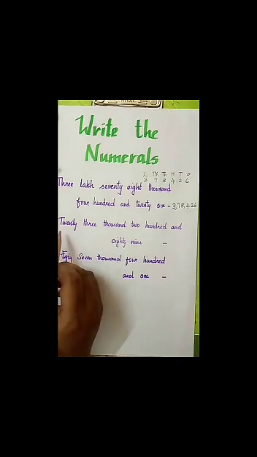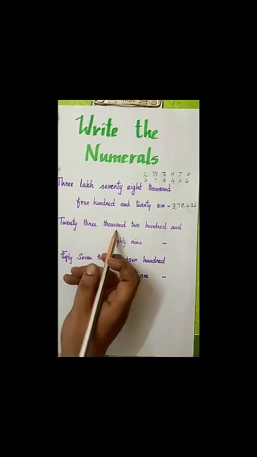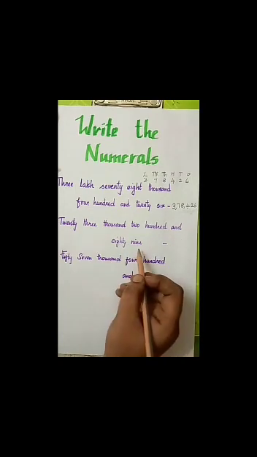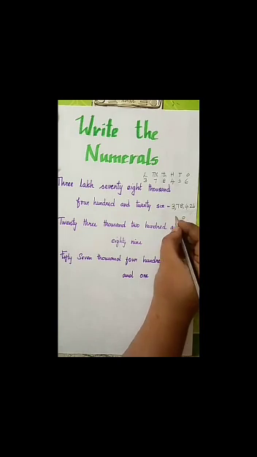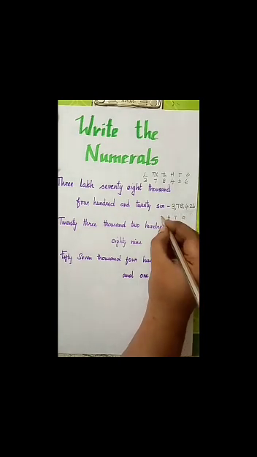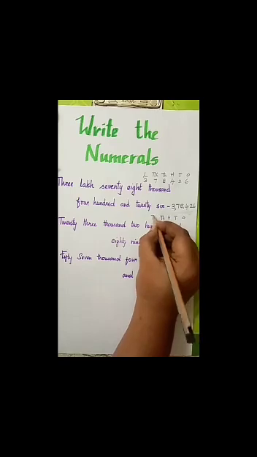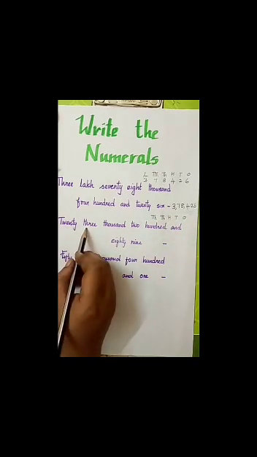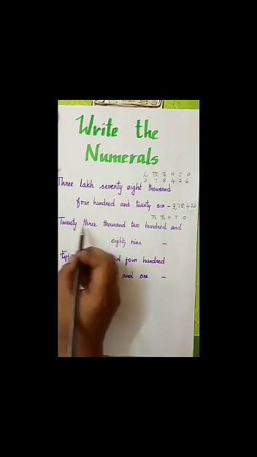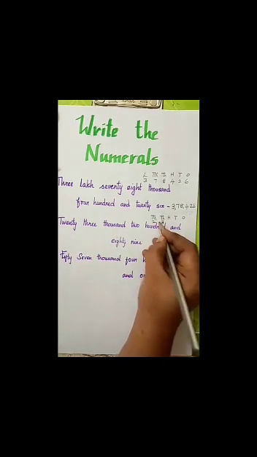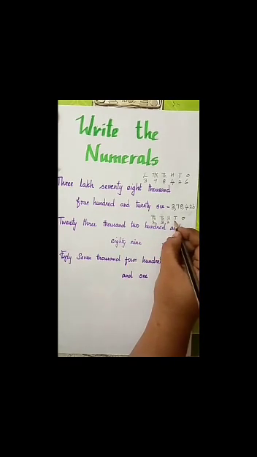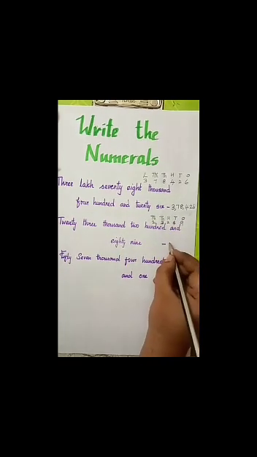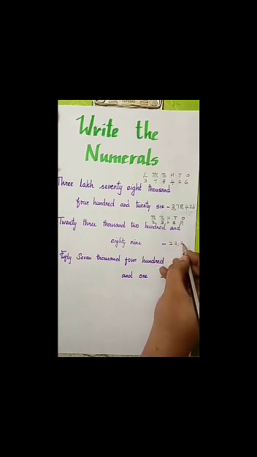Okay. So second one, 23,289. 23,000. Ones, tens, hundreds, thousand, ten thousand. Starting from 23,000. So 23,289.